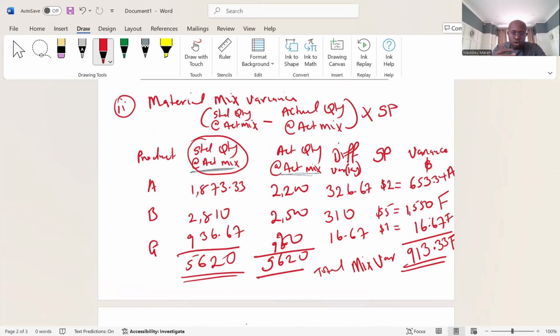That's all you need, so you already have one. This is the technique: when you're doing the mix variance, start with the actual. Copy the actual from the question. I guarantee you the actual figures will always be given to you. Now, for the yield variance, we already have one step. Save time. Just copy and go.